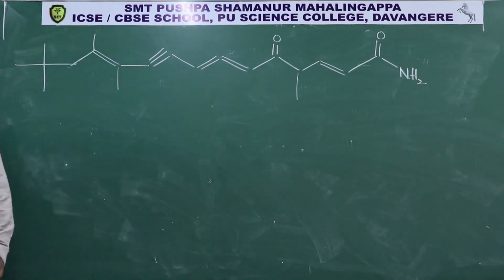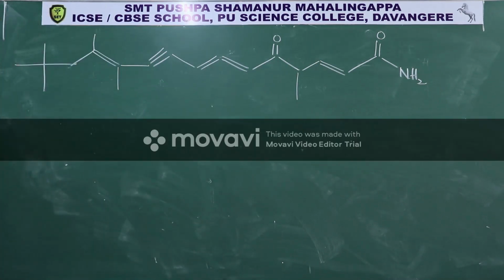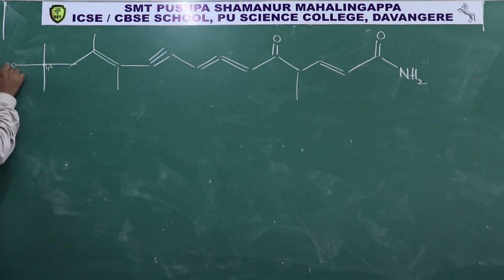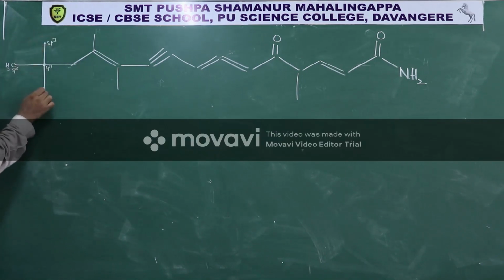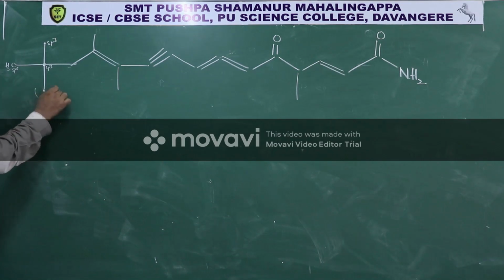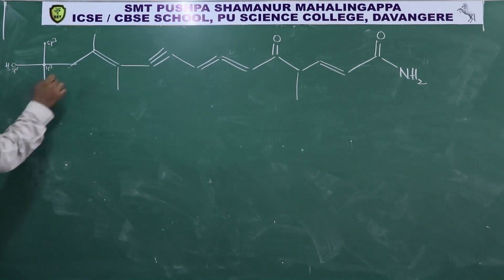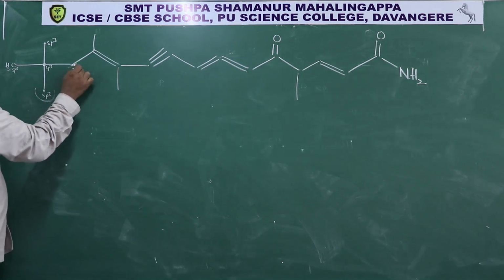Now here, this is the central carbon, 4 single bonds, sp3. Then this becomes CH3, therefore this is sp3. CH3, this is sp3. Here also CH3 means 1 single bond and 3 single bonds with 3 hydrogens, so this is sp3.